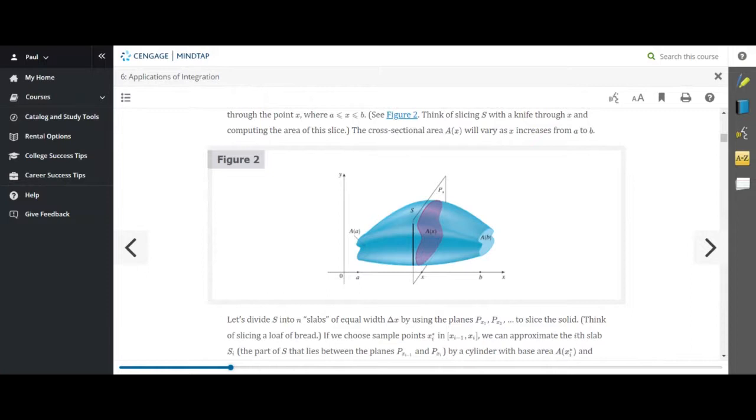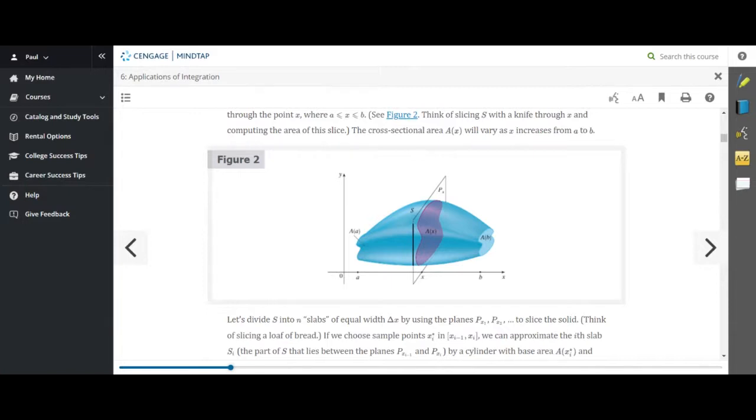And if we were to make a cut in the solid, then for that value of x where we're making the cut, there's a cross-sectional area, that purple cross-sectional area, A sub x.